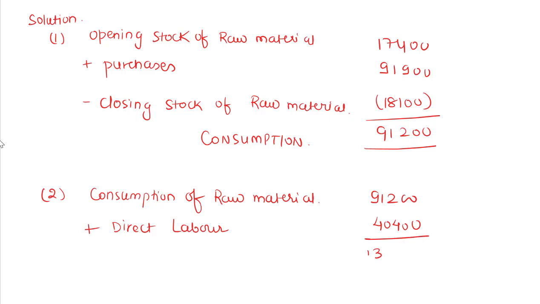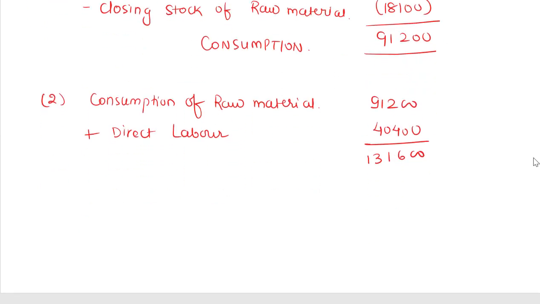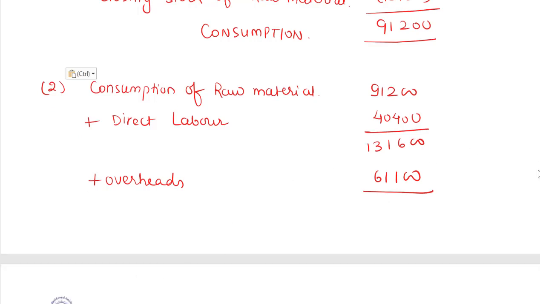This is prime cost, 131,600. Prime cost plus overheads 61,100. Total it: 192,700. This is gross factory cost.